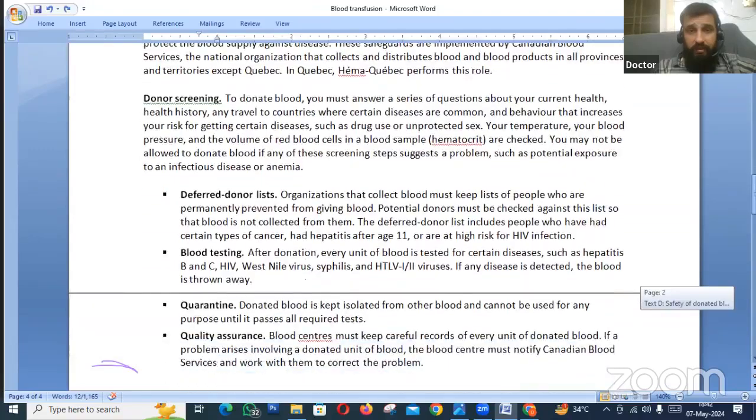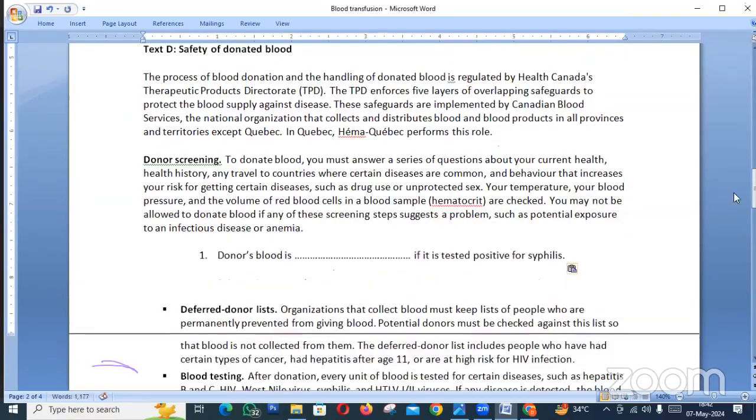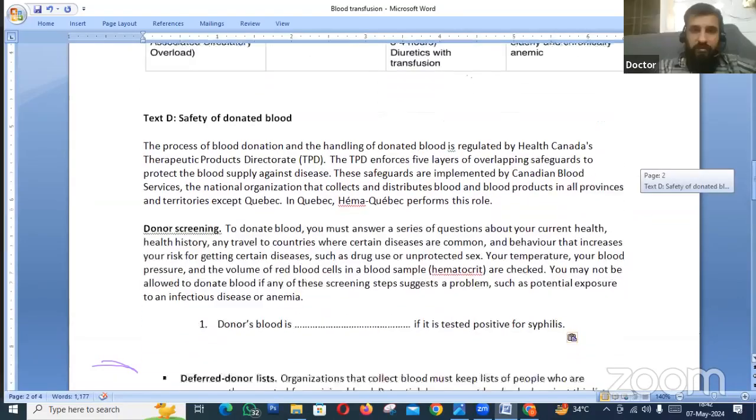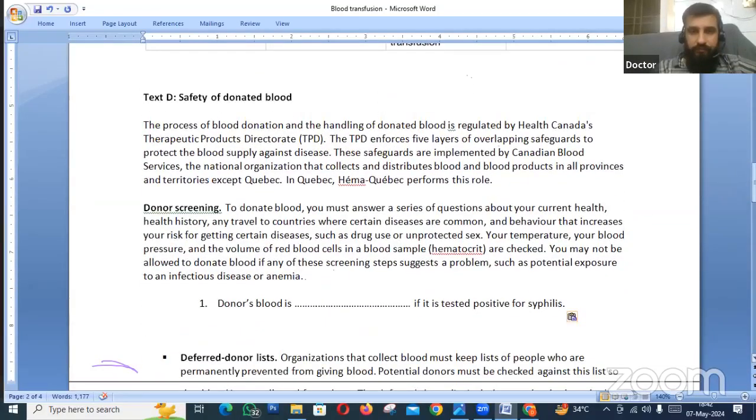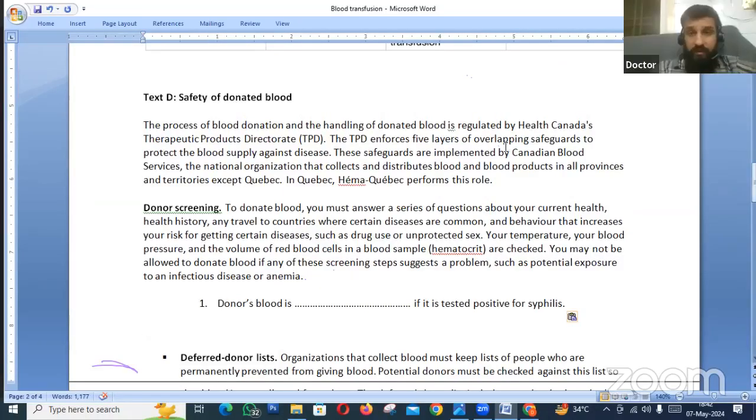I will show you text D in two parts. First, try to find it in these two paragraphs. If you cannot find it, I will show you the rest. What are your keywords? Syphilis. Okay, try to find syphilis. Can you find the word syphilis in these two paragraphs?